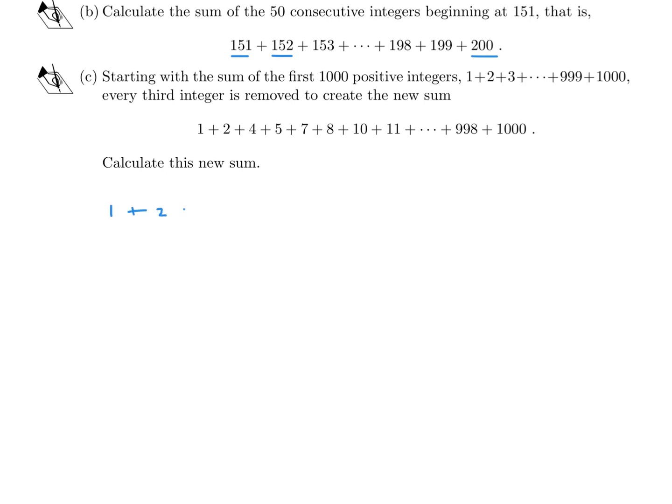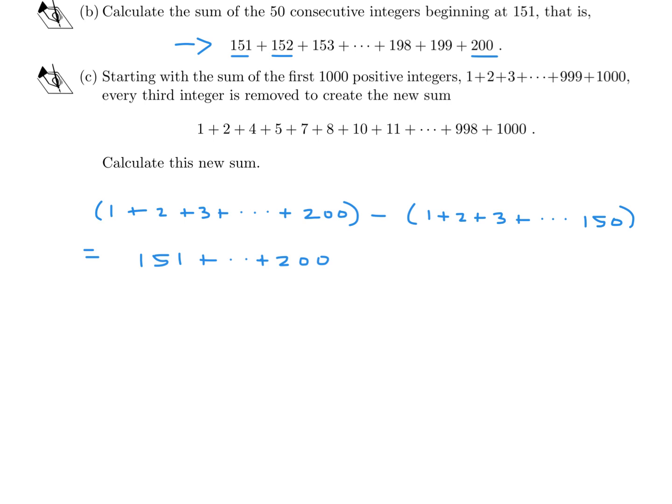Look at 1 plus 2 plus 3 plus all the way up to 200, and then subtract from that 1 plus 2 plus 3 plus all the way up to 150. If you do that, you will get 151 plus all the way up to 200. So that's pretty much how you do this.